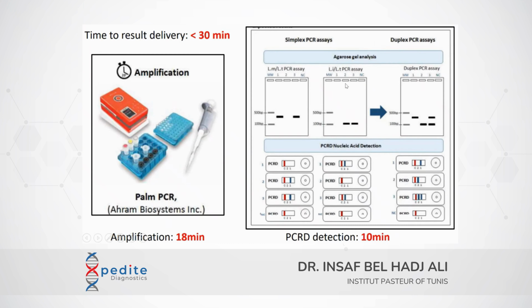And the second set of simplex PCR assays reacts with Leishmania infantum and Leishmania tropica without reacting with Leishmania major. And if we put together the two simplex assays in the duplex PCR assay, we'll be able to identify or differentiate between the three Leishmania species.